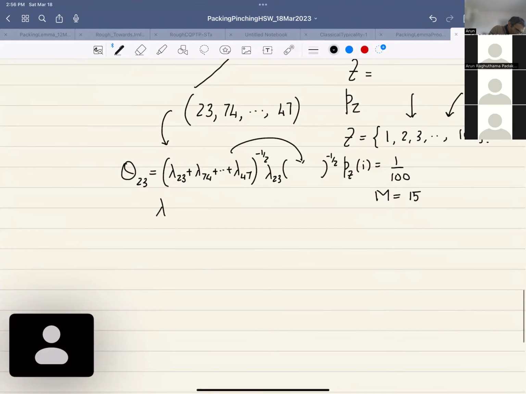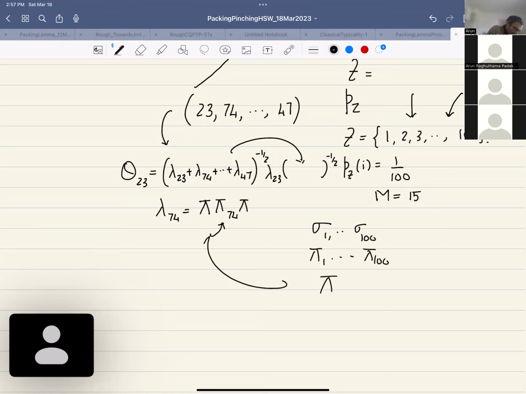What is any lambda? Lambda 74 is pi 74. These are given by the hypothesis of the packing lemma. The packing lemma gives you a collection sigma 1 to sigma 100, a collection pi 1 to pi 100, and also an ambient pi. So all this I can cook up. So I have this collection.